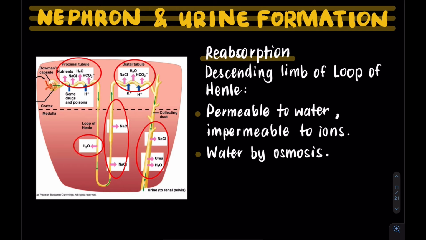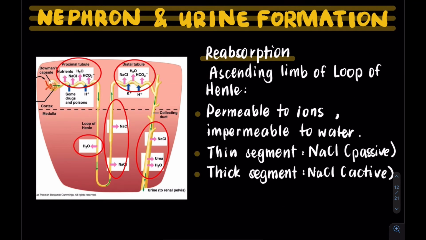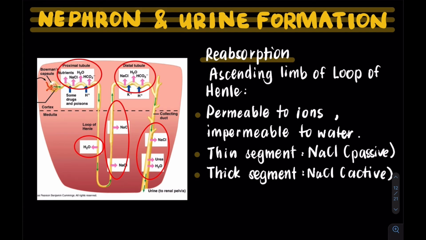So, only water will be reabsorbed here. While the ascending limb of loop of Henle is only permeable to sodium chloride ions and impermeable to water. Sodium chloride will move by passive transport at the thin segment of the ascending limb and by active transport at the thick segment of the ascending limb into the vasa recta.